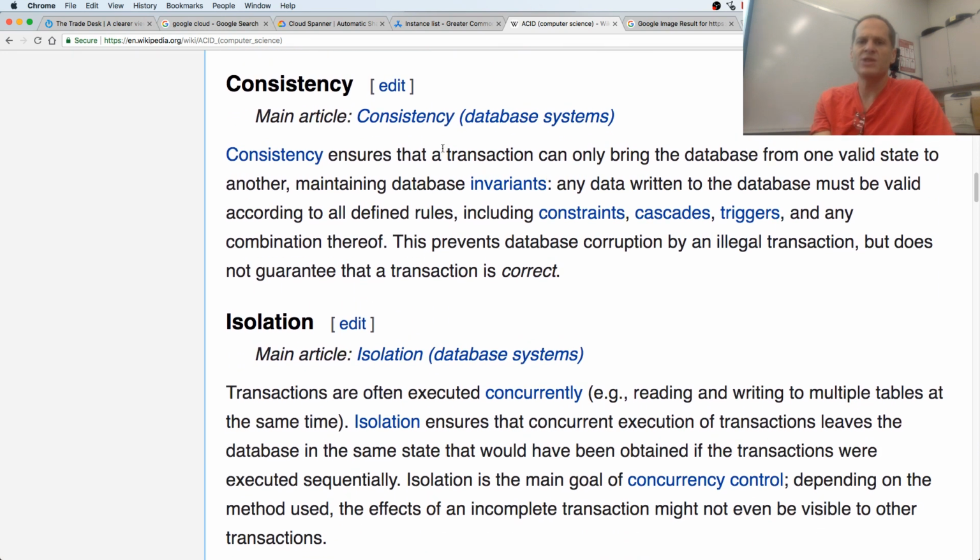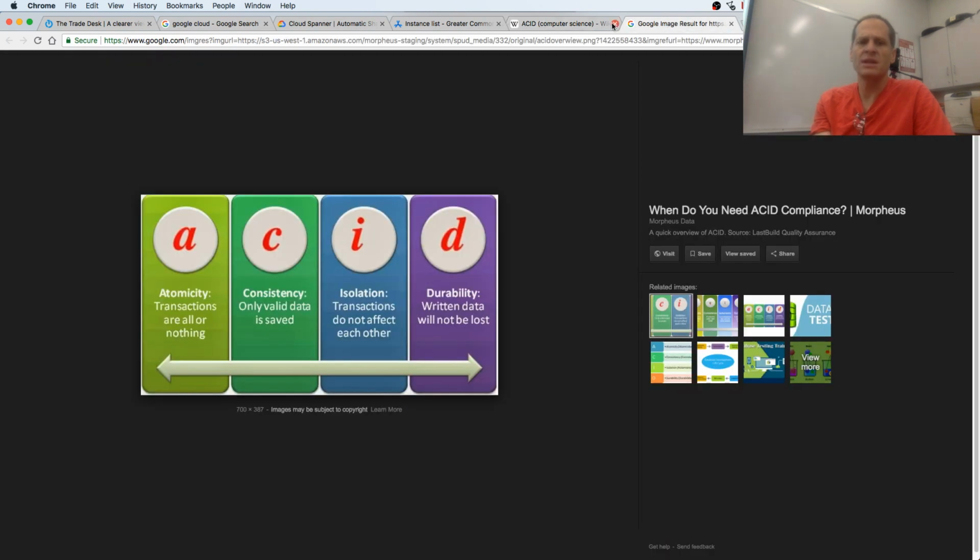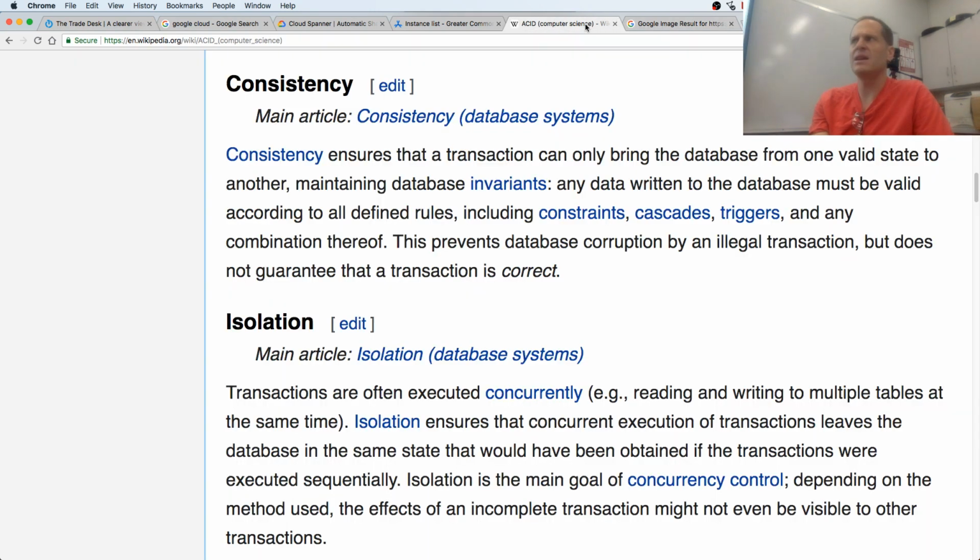Consistency ensures that a transaction can only bring the database from one valid state to another. Only valid data is saved. And a state is the current representation of data at a moment in time. What is the state of your bank account right now?